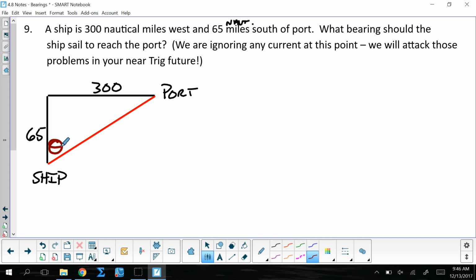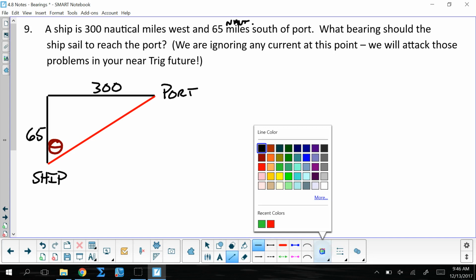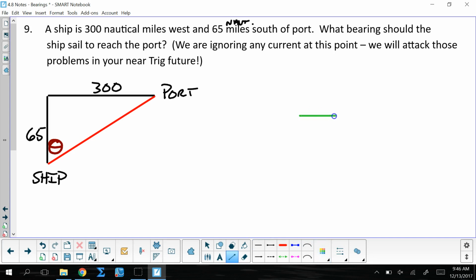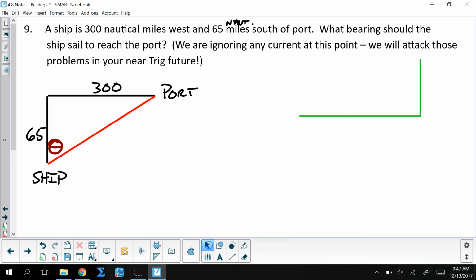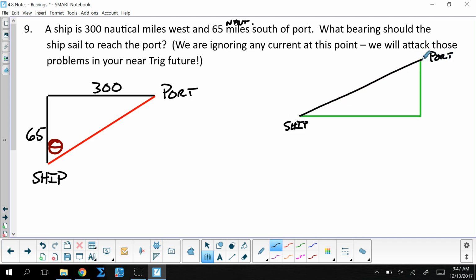What if you drew your triangle like this? With me? This is still my ship. This is still my port. I still want the bearing angle from the ship to port.